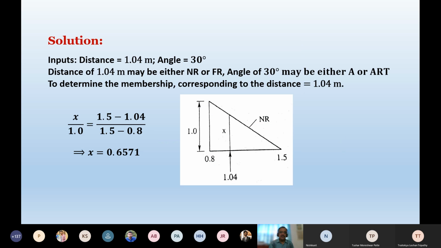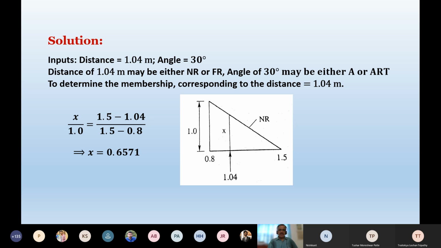Now how to determine it, all of you know, very simple mathematics, class 9 or class 8 level geometry. Now this is the membership function distribution for near corresponding to this 1.04. Supposing that this is the membership function value denoted by x, the range for this right angle triangle is 0.8 to 1.5, and along the y-axis we have got 0 and 1.0.